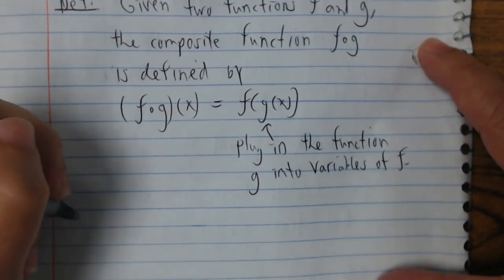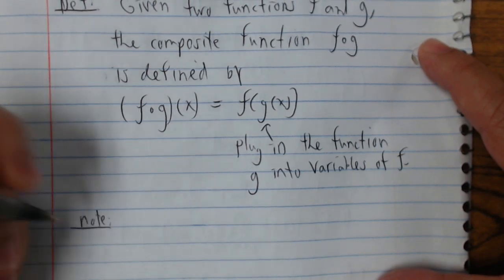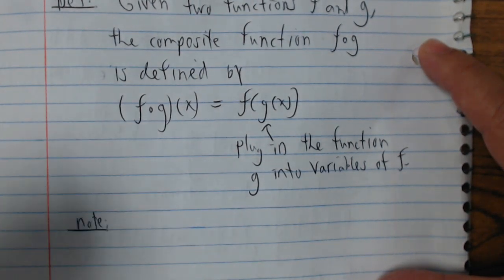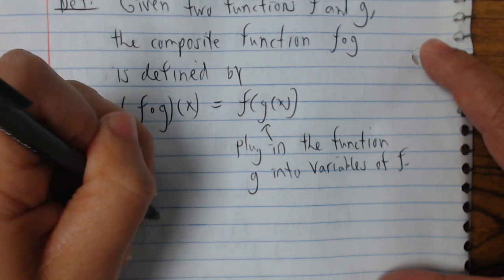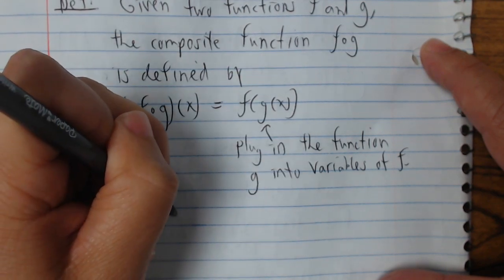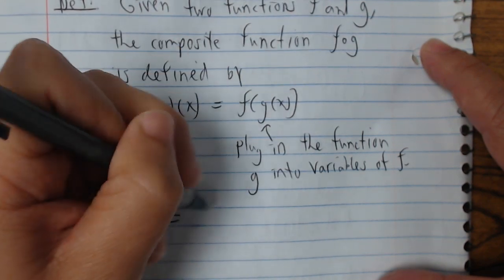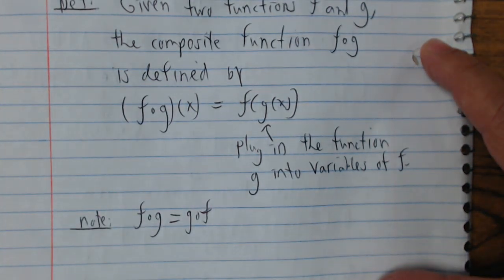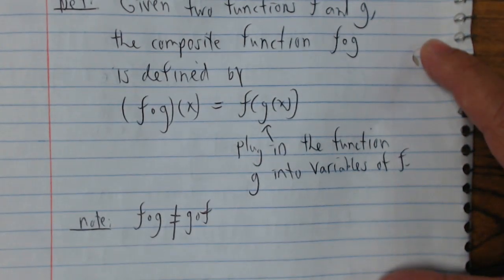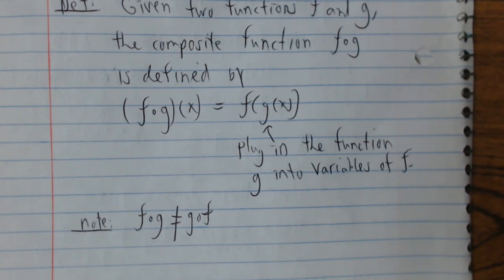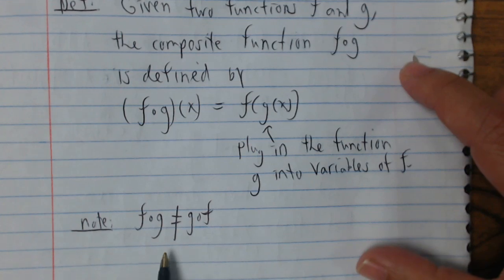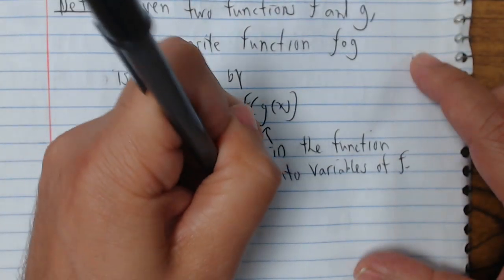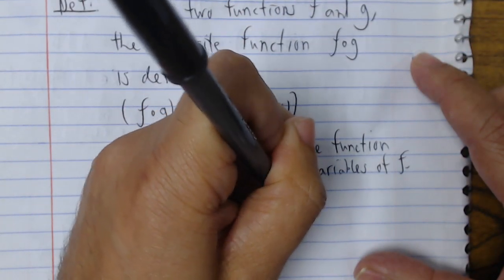One last comment I want to make. Note, and maybe you should think about this: does f of g of x equal g of f? And the answer is no. Okay, so f of g of x does not equal g of f of x. This is not always the case.